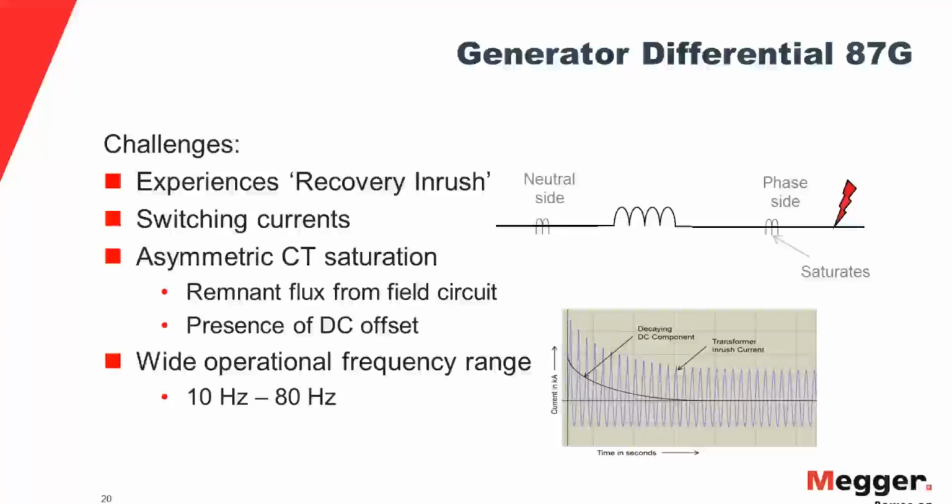The other problem is asymmetric CT saturation. When there is an external fault in the system, a pretty close-in fault to the generating station, the fault magnitude will be really high, which could typically saturate either the neutral side of the stator or the phase side of the stator. So it could saturate any of these CTs. When that saturation happens, the response from the CTs will not be true.